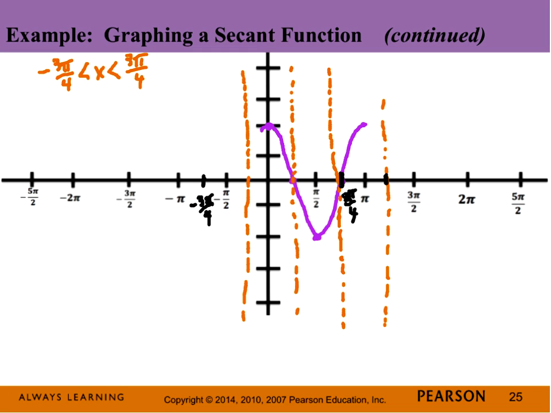So I will put another asymptote, because if I continue my cosine curve, I'm going to pass through here, go down and touch 2, and then come back up through there. So I have another asymptote there at negative 3 pi over 4. Okay, so I'm going to erase this because I don't need to go that far.